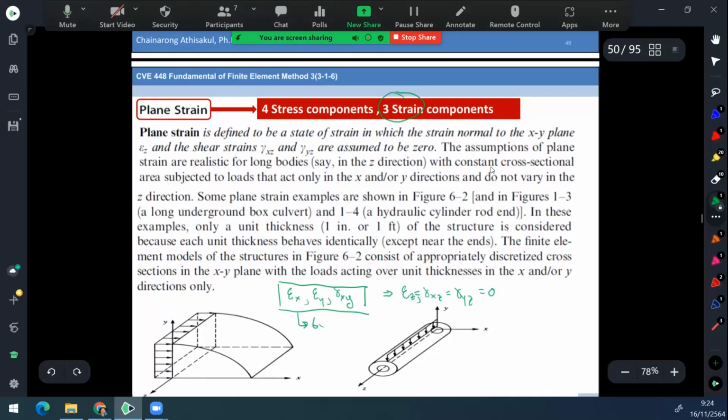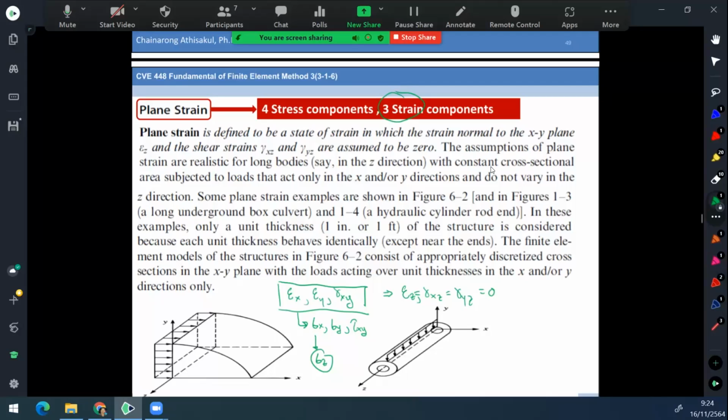That is, we have sigma x, sigma y, and tau xy, and also, according to the Poisson effect, sigma z. So if we talk about plane stress, we have three components of stress but four components of strain. If we talk about plane strain, we have three components of strain and four components of stress.